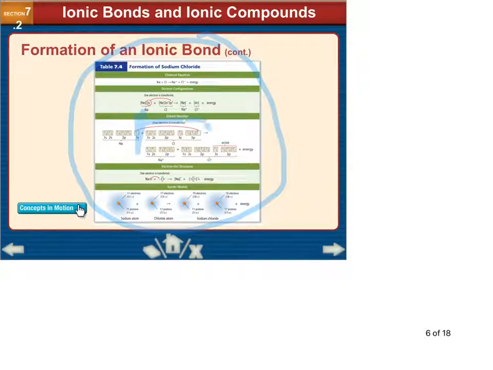It transfers over, fills up this p orbital, and we end up with a sodium ion and a chloride ion. During class time, I'll expand on this concept, talk more explicitly about what we need to do here. But you're going to have to be able to run through this particular process and understand how the ionic bond is formed. And this just shows you in a number of different ways.